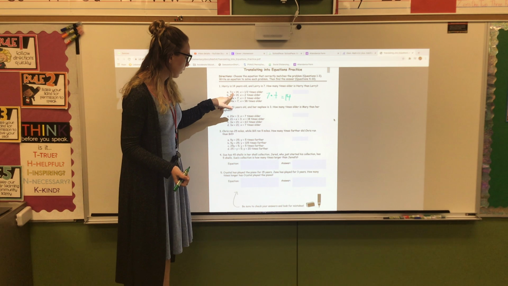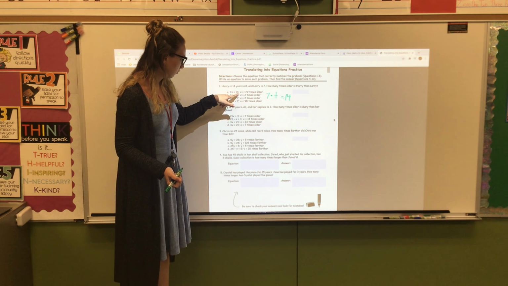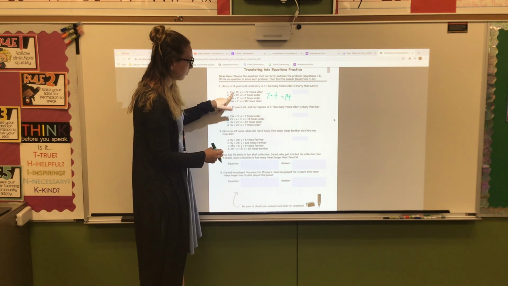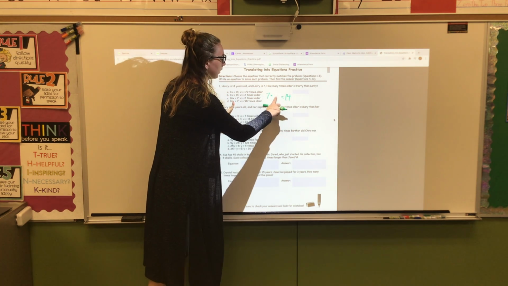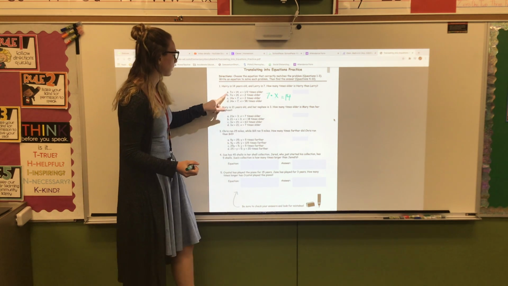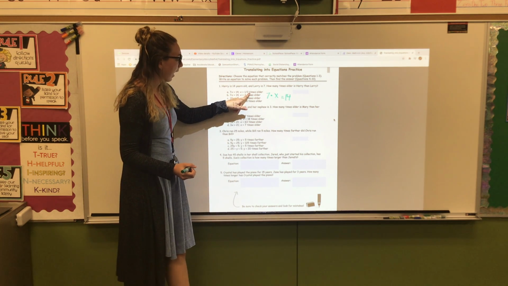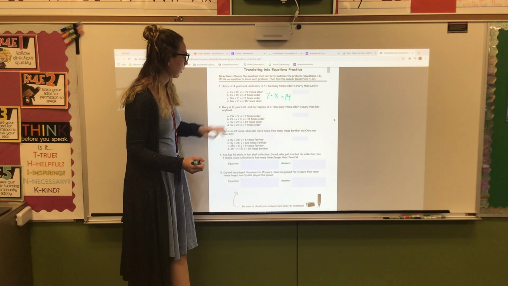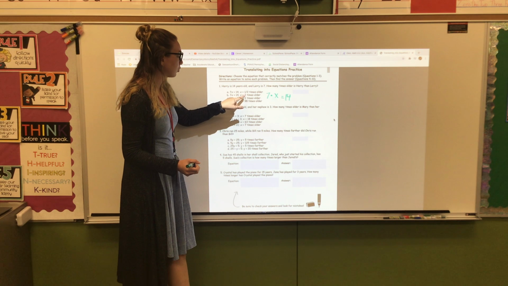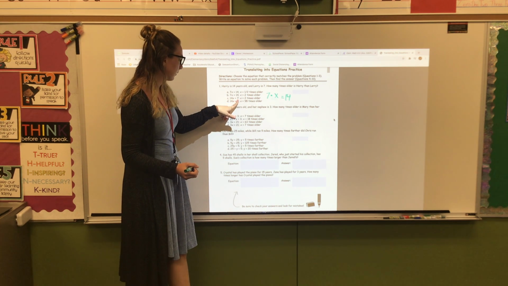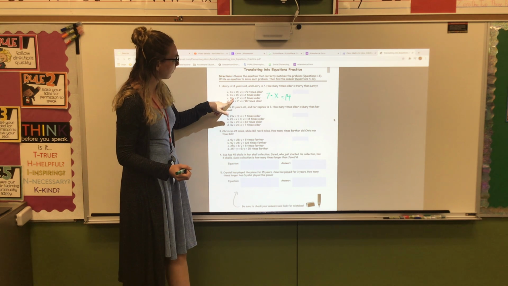So 7 times 14, 7x, they're using an x instead of a t. So I guess I could use that. Their variable is x. 7 times x equals 14. Is x half? 7 times 1 half. Nope. 7 times 2 is x 2. Is it 14 times 2 equals 7?